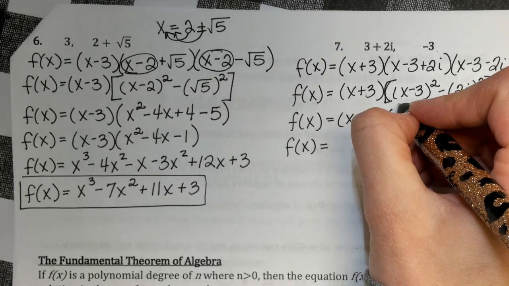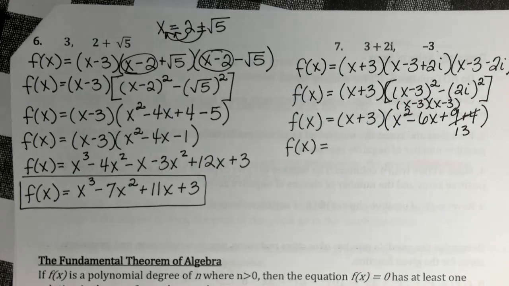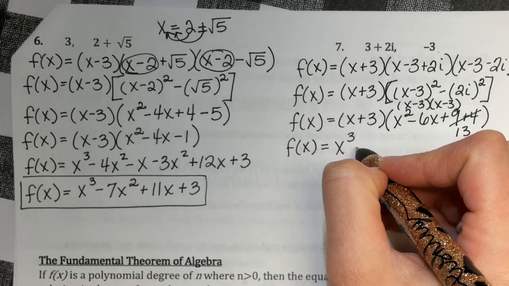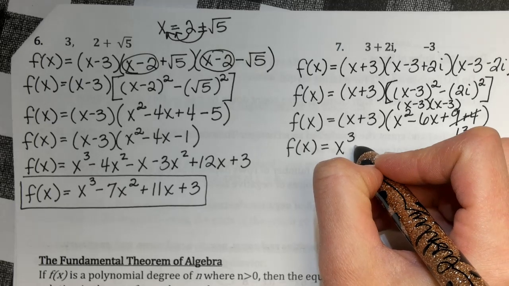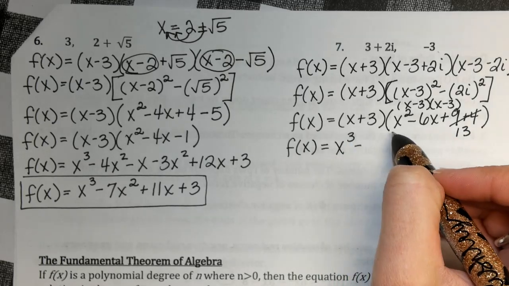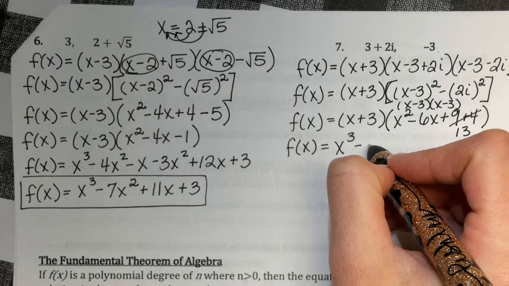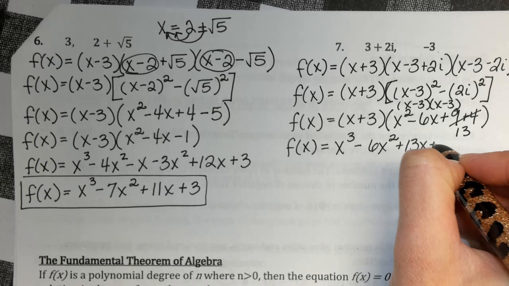When you write x minus 3 twice, you get your negative 3x. No, I just said plus 13x, plus 3x minus 3.